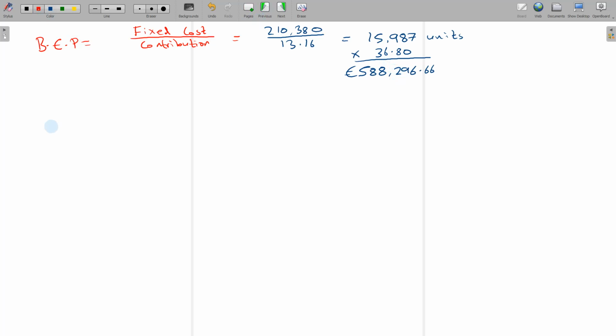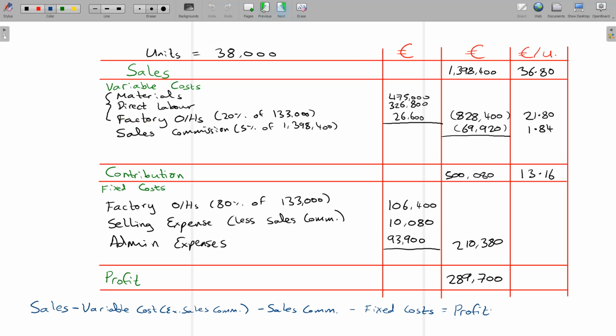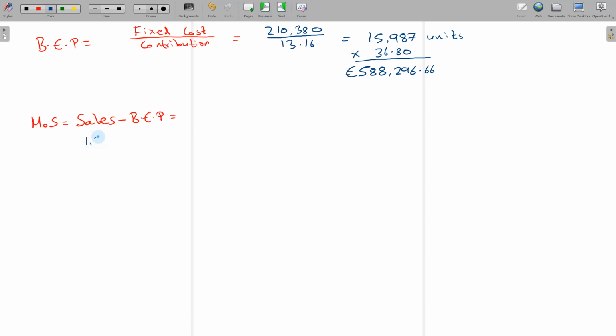Now, the margin of safety is basically saying, well, what are the sales we have this year versus our break-even point? So that means how much in the clear are we? So we're going to get that again in units and absolute. So we have 1,398,400.